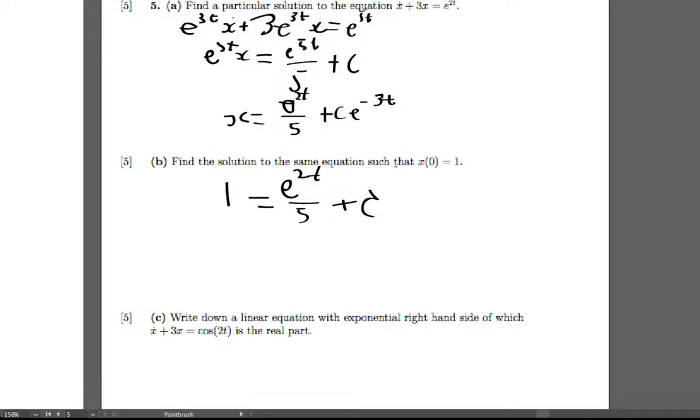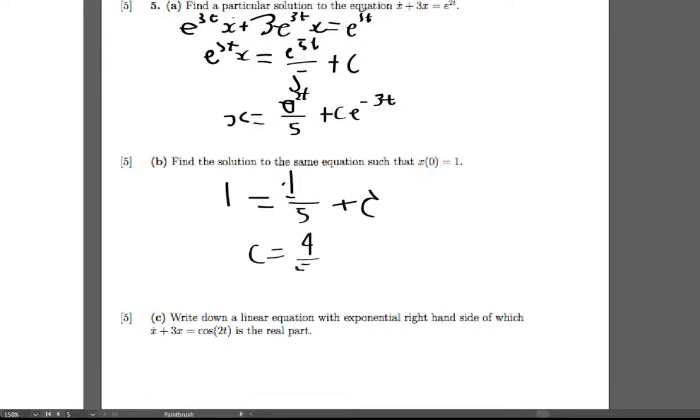Wait, e to the power of 2t, that would be 1, because you just substitute, the 2t would be 0. e to the power of 0 is 1, so the c here would be 4 over 5.